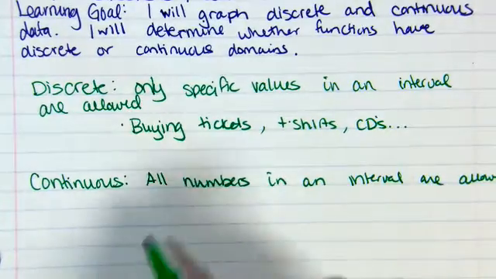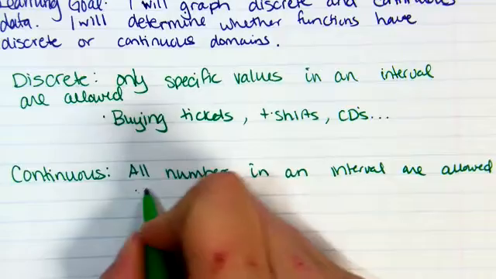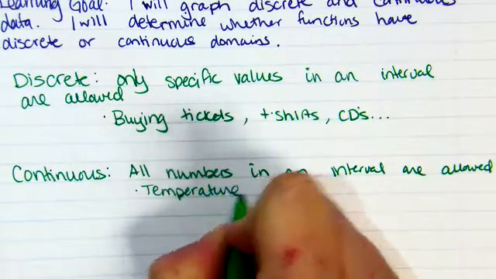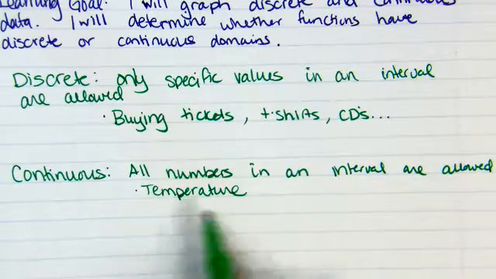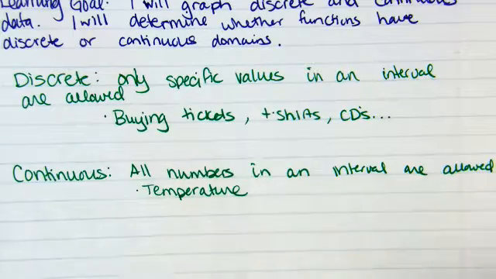So for example, the temperature outside. If it goes from 5 degrees to 10 degrees, you don't just jump from 5 to 10, or go 5 degrees, 6 degrees, 7 degrees. It actually has to hit every temperature on the way up.